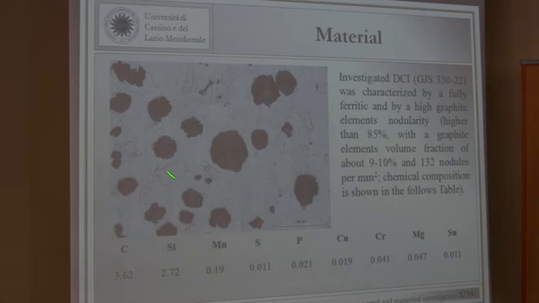This is the material investigated. It's a ductile cast iron characterized by the presence of ferrite as a matrix and the presence of nodules made of graphite. The nodules were generated by addition of magnesium in the bath in order to generate the first solids made of carbon, and then we have a group of nodules in liquid phase.